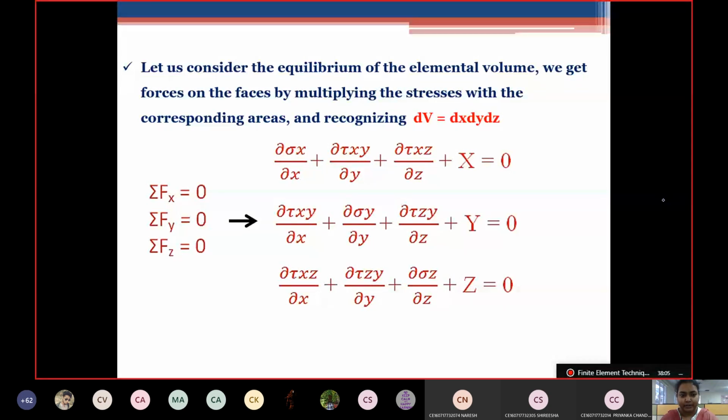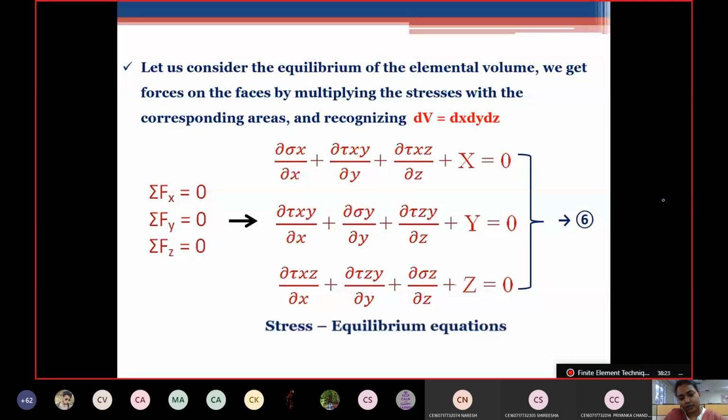Please be clear. No. Okay, write it down. Make this equation number 6 as a continuation of the previous equations, and these equations are called stress equilibrium equations.